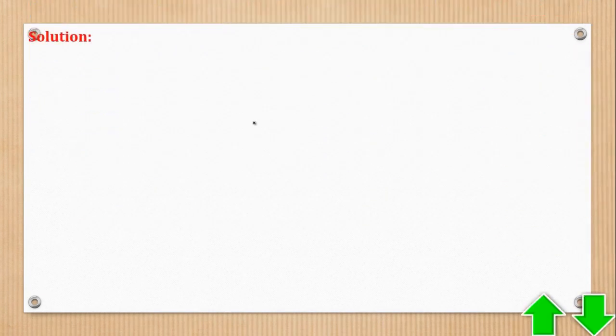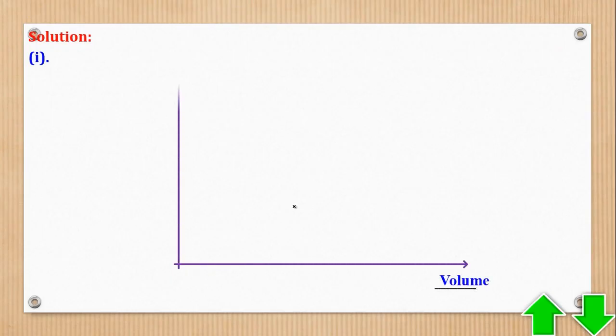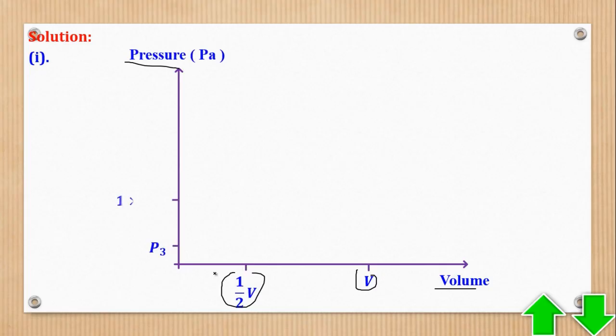So for Roman 1, we draw the axes of volume and also of pressure. Then we have the volumes: the original volume and half the original volume. Then we need the corresponding pressures.